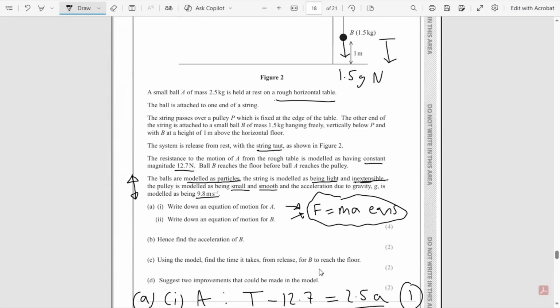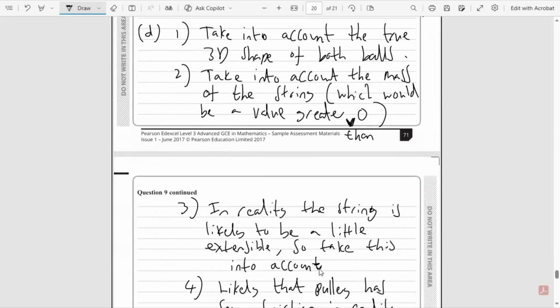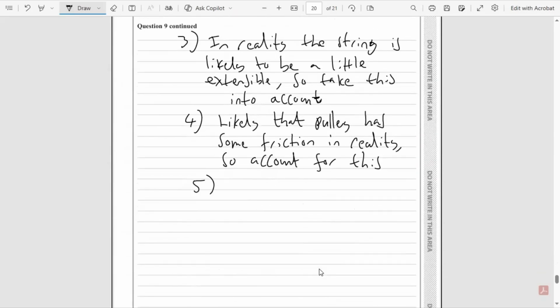We could also talk about gravity. Okay, so we're modeling gravity as 9.8 as an acceleration. Now, we could use a more accurate value than 9.8. So let's say down here, use a more accurate value of gravitational acceleration.